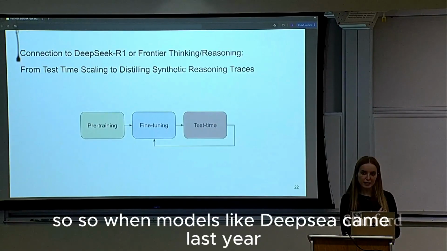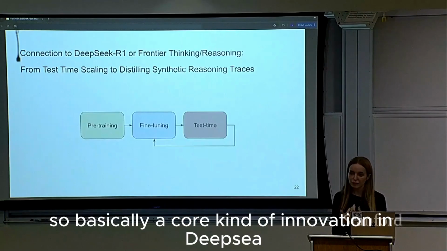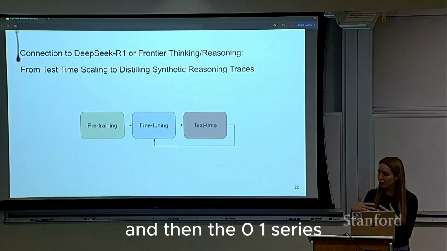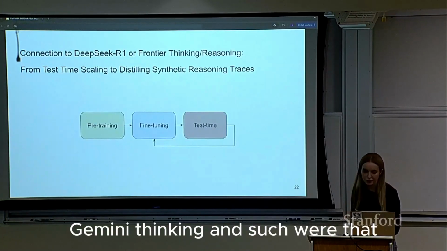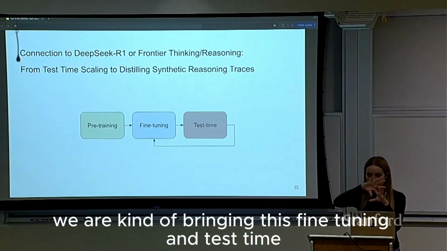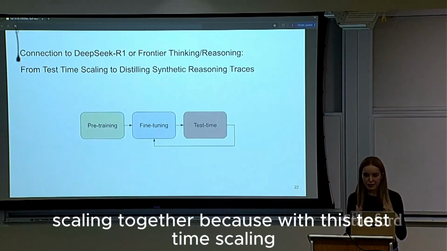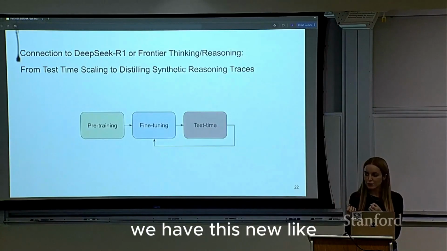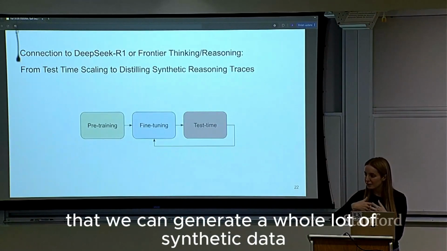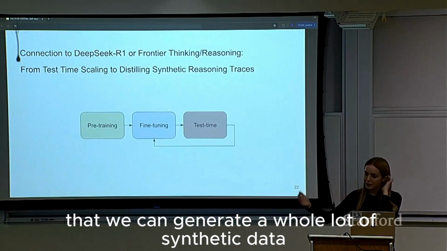When models like DeepSeek came out last year, a core innovation in DeepSeek and the O1 series, Gemini thinking and such, was that we are now bringing fine-tuning and test time scaling together. With test time scaling and the models themselves, we have this new engine that can generate a whole lot of synthetic data.